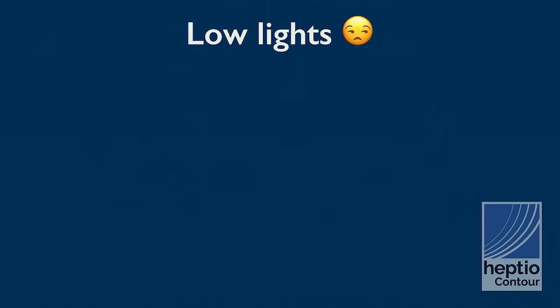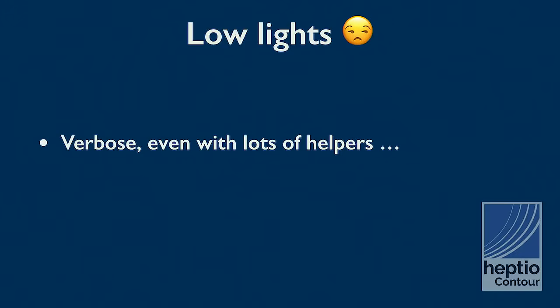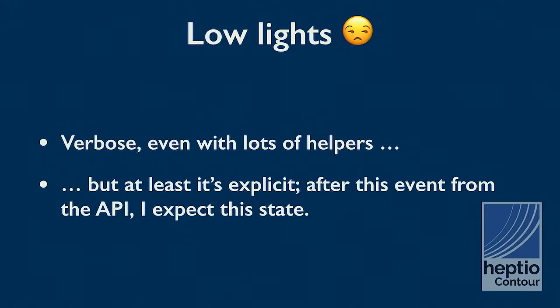So let's talk about the good and bad points of this. The bad point is that it is very verbose. You saw that yourself. Even with a lot of helpers, there's a lot of code. Those 16,000 lines didn't write themselves. But at least it's explicit. After this event from the API, I expect this state.